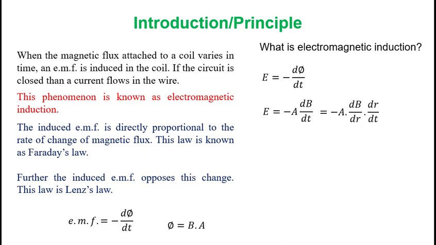Here dr over dt is the velocity of the magnet and dB over dr is the space derivative of the field. So one can say that the EMF is directly proportional to the velocity of the magnet. It is what is to be verified in this experiment.